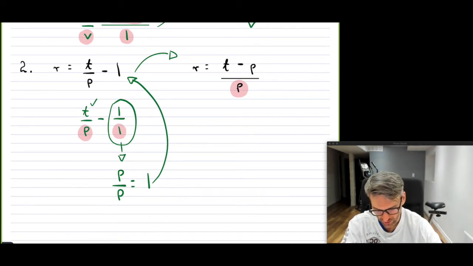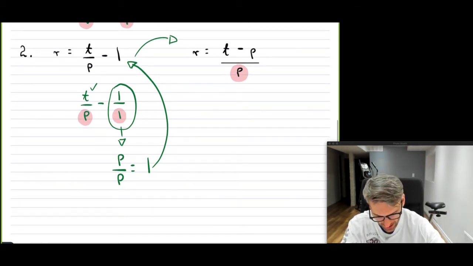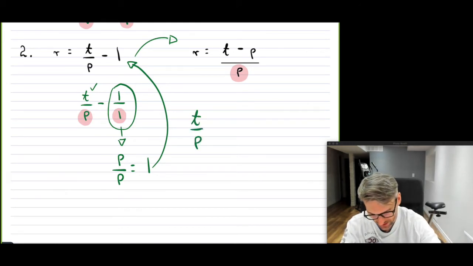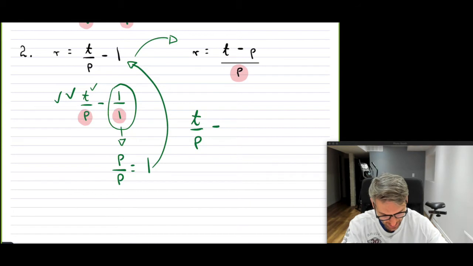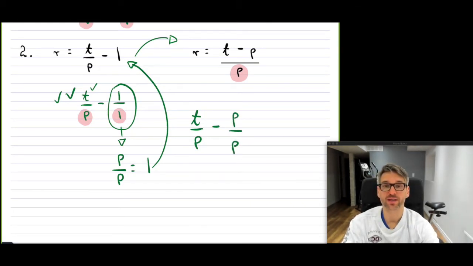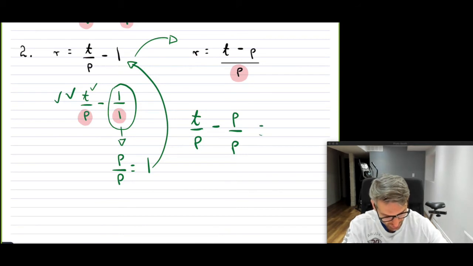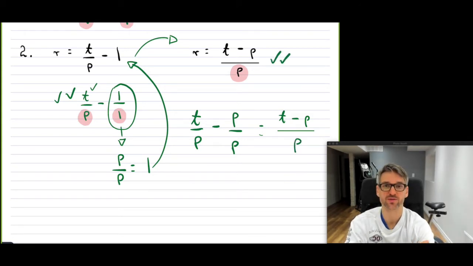But now when you write it that way, what you have is t over p, so that's coming from right here, minus p over p. And now because they have the same denominator, this is nothing else but t minus p all over p, which looks exactly like this.